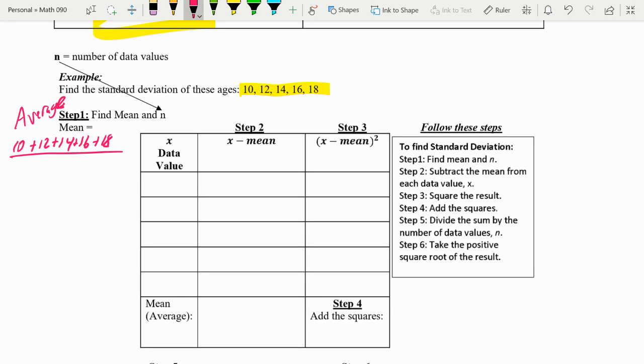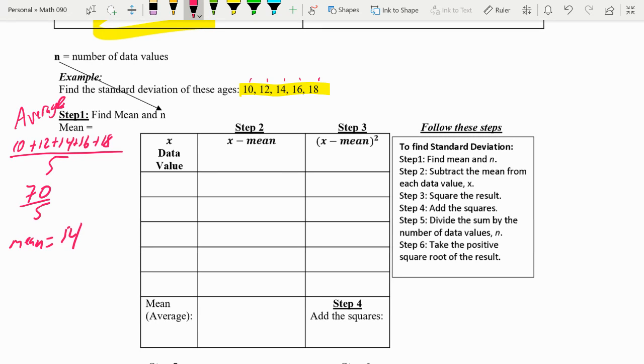There's 1, 2, 3, 4, 5, so we're dividing by 5. When you grab your calculator and add all this up, you end up with 70 over 5. So the mean, or the average, is equal to 14.